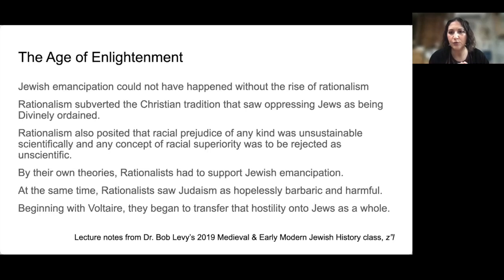So the rationalists were really important for allowing humanity, particularly Christian Europe, to understand that scientific knowledge was important and a basis for society to move forward. And the Age of Enlightenment is what led to the Industrial Revolution. So the progress that has been made in modernity is because of these new ways of seeing the world.